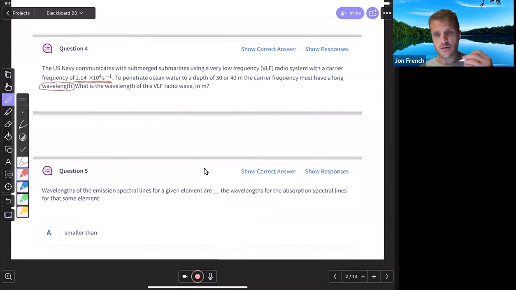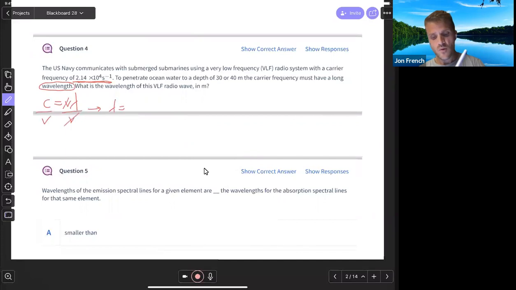So there's one equation that relates wavelength and frequency, and that is the speed of light equals my frequency times my wavelength. We're looking for wavelength, so I'm going to divide both sides by my frequency. So frequency cancels out. Wavelength equals speed of light divided by my frequency.